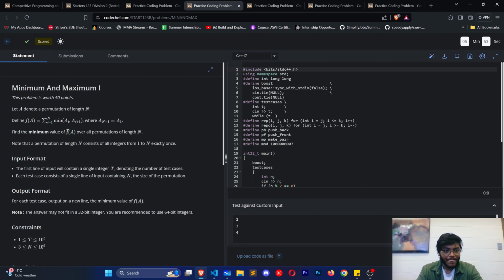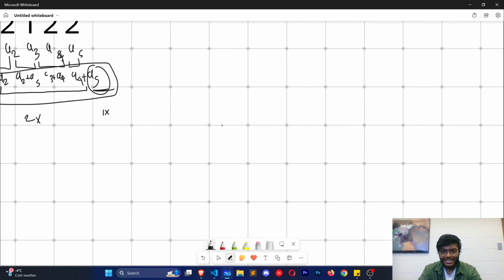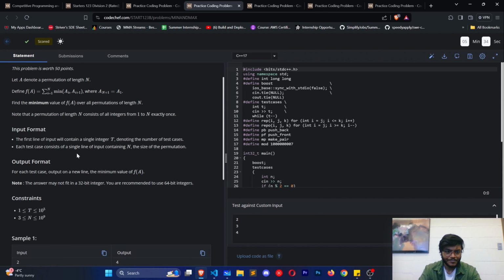Second problem. We are given a permutation of length n. A permutation of length n is basically an array with elements from 1 going till n: 1 2 3 4 5 6, let's say if n is 6, and the permutation is any arrangement of these elements.